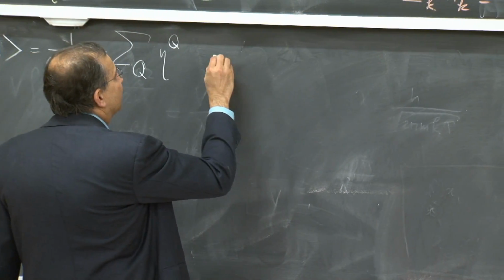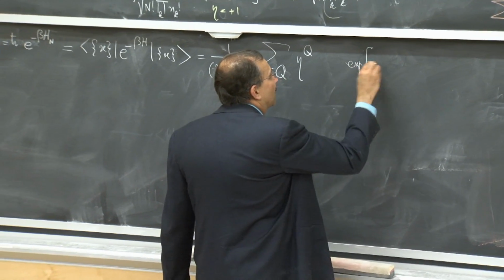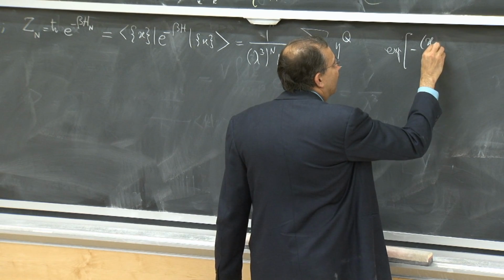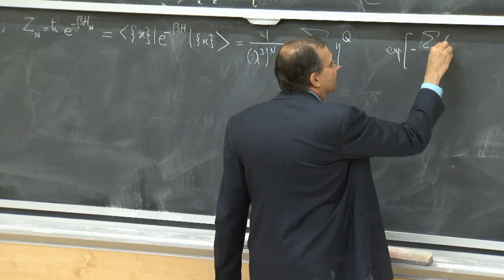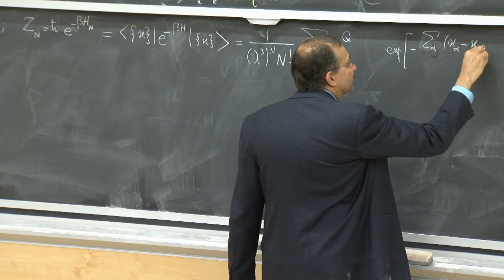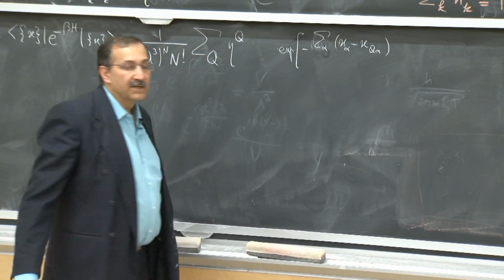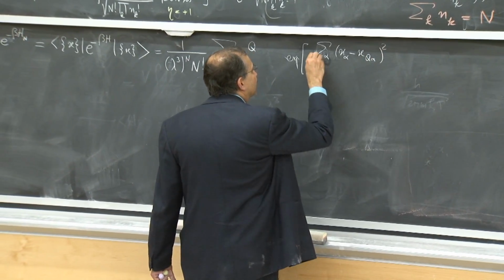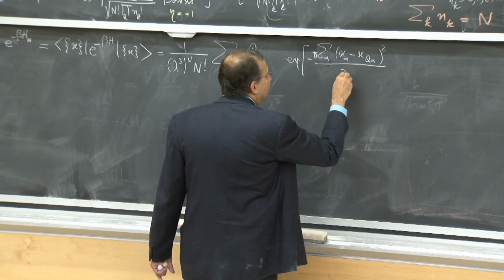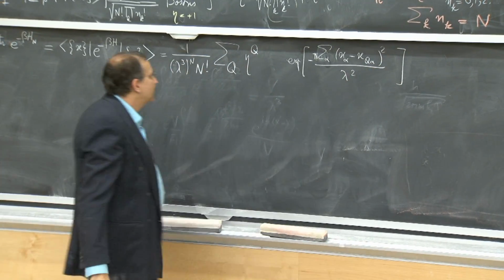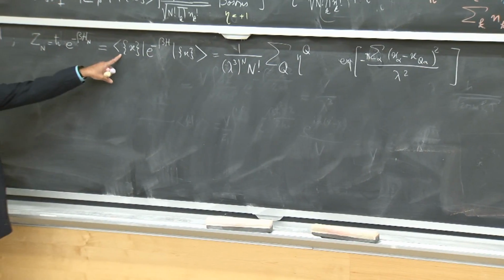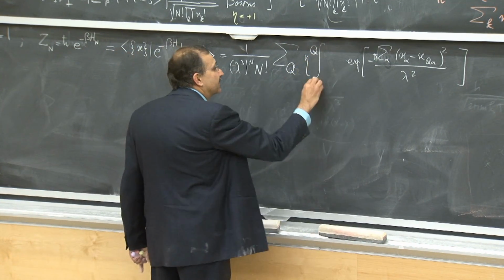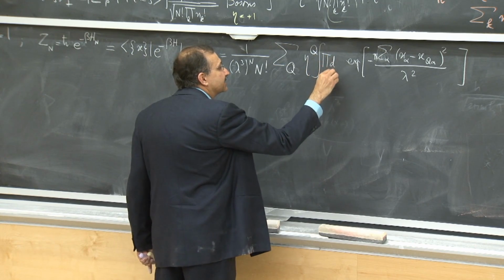So I have exponential of minus the sum over alpha of (x alpha minus x of Q alpha) squared, with an overall pi over lambda squared. And if I'm taking the trace, it means that I have to do integration over all x's.